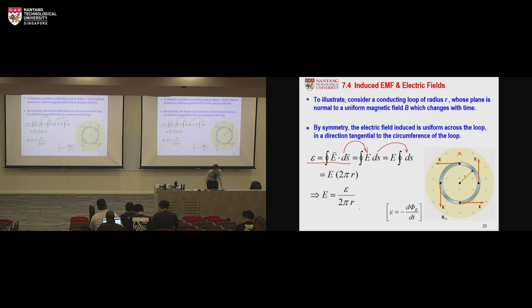So you can find out this is the induced electrical field E on this conducting loop.